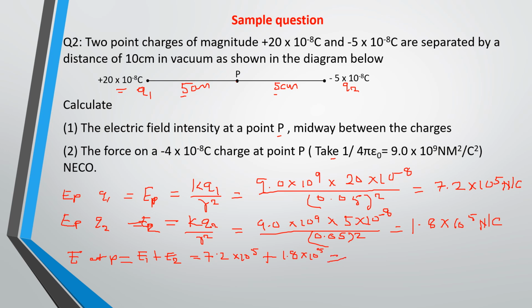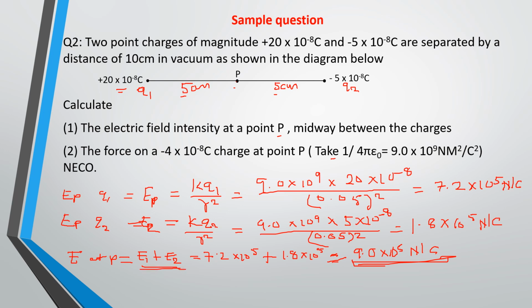So this gives you what? Just add the two together. If you add these two, you have 9.0 times 10 raised to the power 5 Newton per coulomb. So this is the resultant electric field intensity at point P, midway between the charges. So this is how to find resultant electric field.